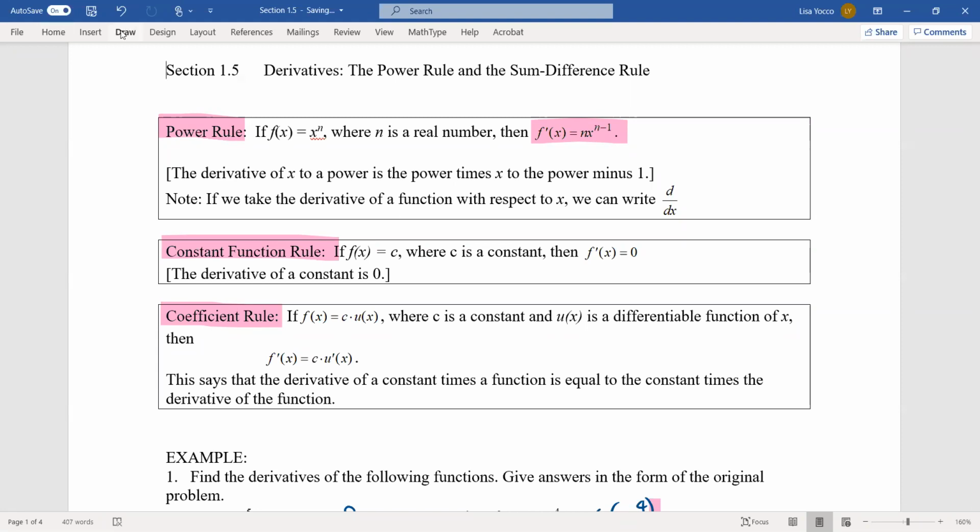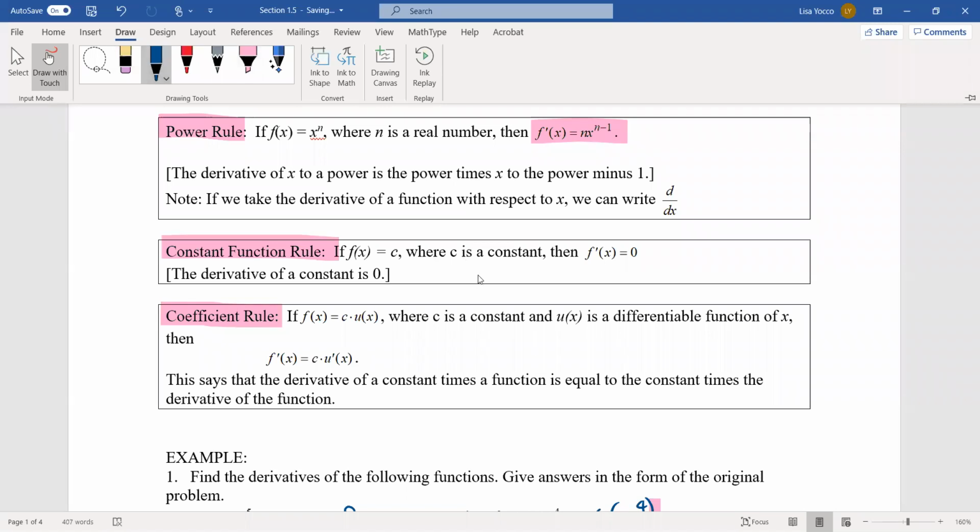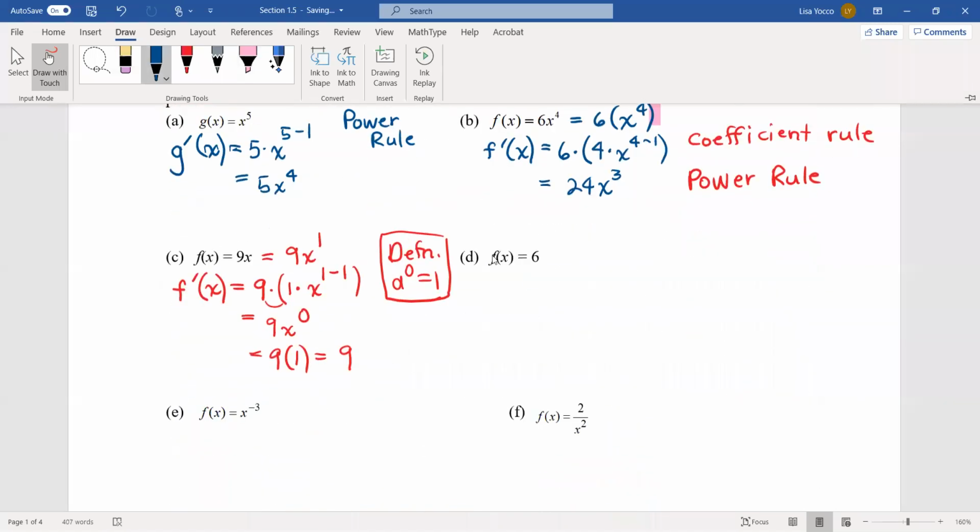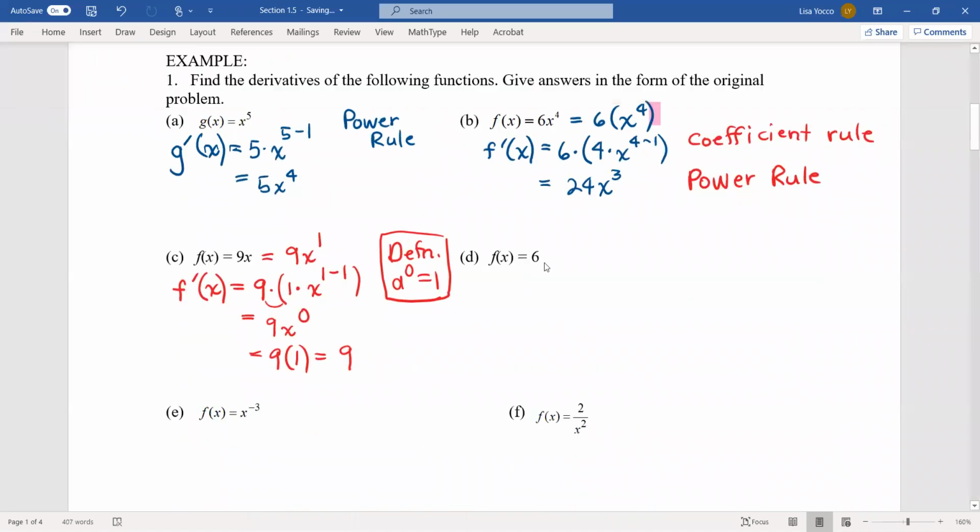So for part D, 6 is a constant, or this is a constant function. The derivative of a constant is 0. Plain and simple. Okay.